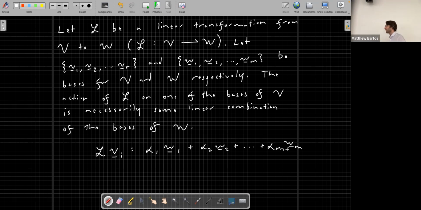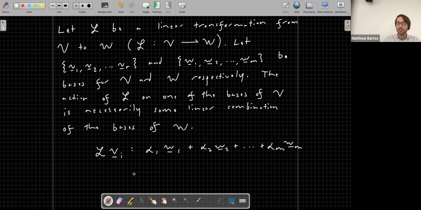If our linear transformation maps to the codomain W, we have to be able to represent the vector that it maps to with the bases of W because it lies within W. Okay. So we know that our linear operator applied to one of the basis elements of V has to be some linear combination of the elements of W.